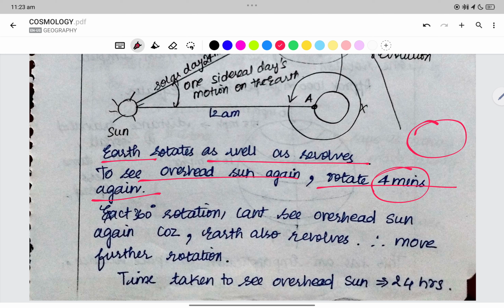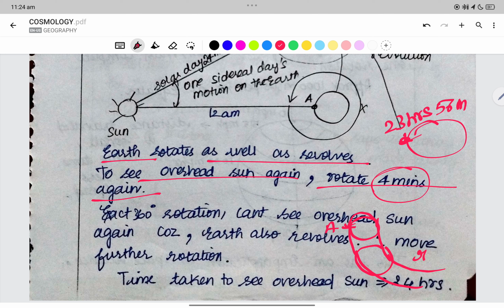The Earth rotates for 23 hours 56 minutes to reach the same point. But at the same point you will not see the Sun because the Earth is rotating as well as revolving. It is starting at A and reaching A, but this entire ball is moving, it is revolving as well.